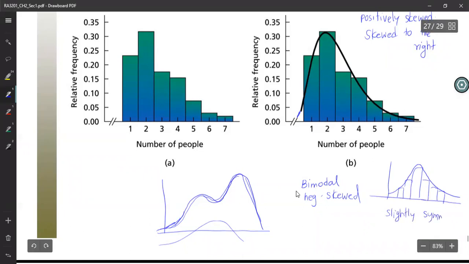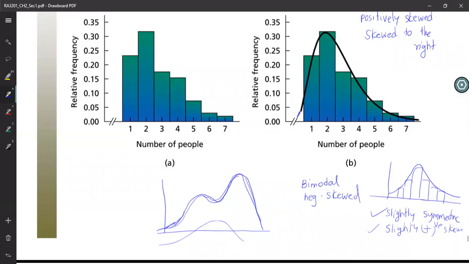This is not exactly symmetric because there's a deviation. So you may say slightly symmetric. This is correct. Another student may say slightly positively skewed. That is also correct. So these are the two different ways. Sometimes one person will say slightly skewed, another will say slightly symmetric. So it's the same thing explained in two different ways. So that's okay, slightly symmetric, slightly skewed, that's fine. Okay. Any questions so far?